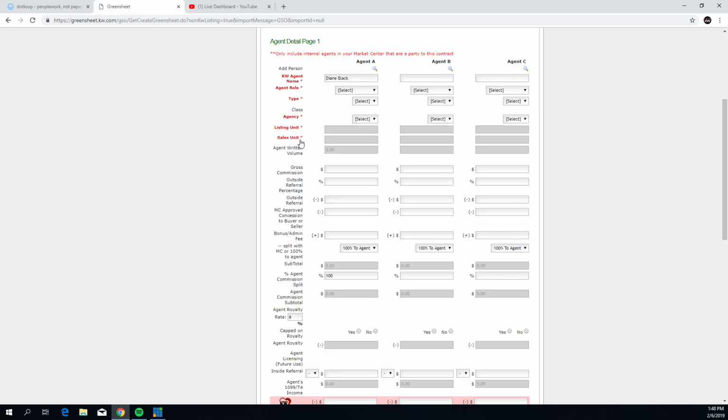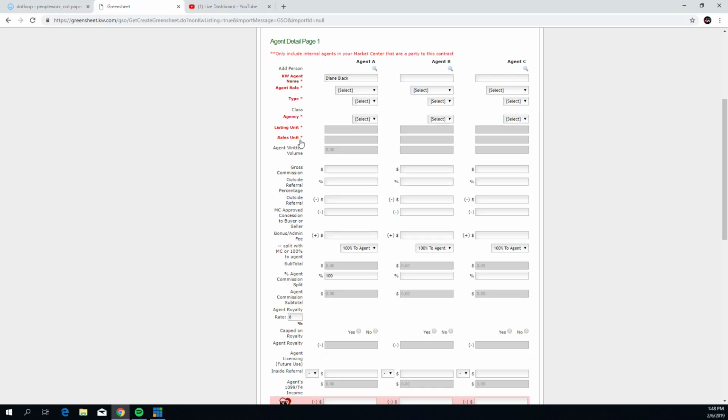One of the things that they're doing here is, for example, up here it says Diane Black, Agent A. The only time, like you'd asked about Agent B, is if you were both co-listed on a property, then there would be an Agent B. If you had a buyer you were sharing, then there'd be an A and a B. Or a team.